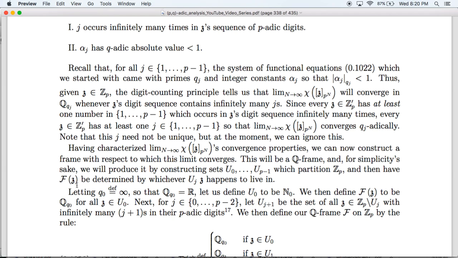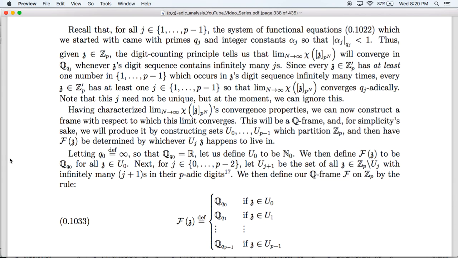Here, I'm using the first approach I gave to frames, where the frame is a map which accepts an input from the set and produces a valued field. So here, letting q_0 equal infinity, so that Q_infinity is the reals, let's define U_0 to be N_0, and then we define f of z to be Q_infinity, the reals, whenever z is in N_0.